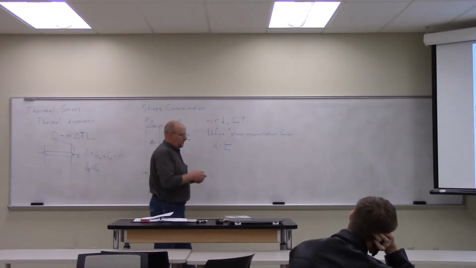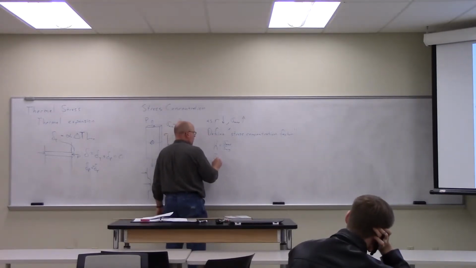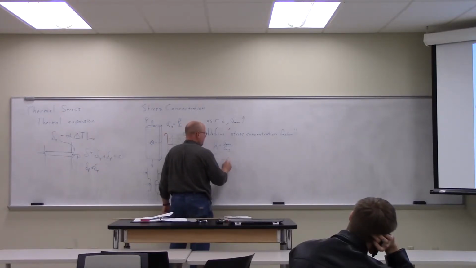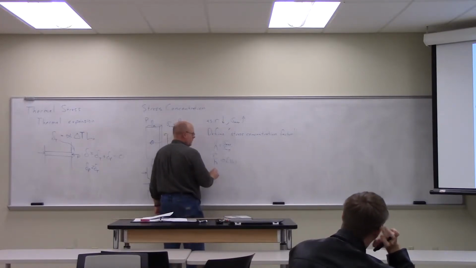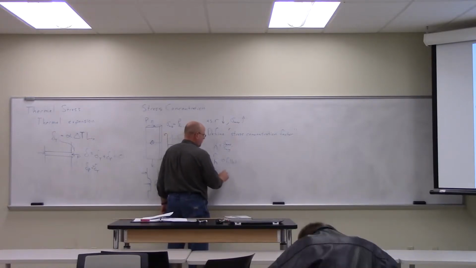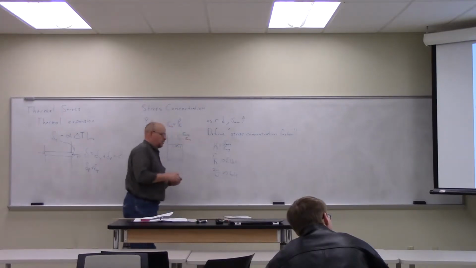And then you can see here on the diagram that the key characteristics we care about are R over H for a fillet, and 2R over W for the hole, 2R being the diameter of the hole.